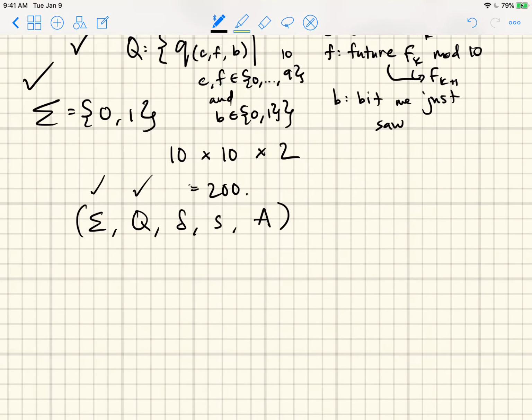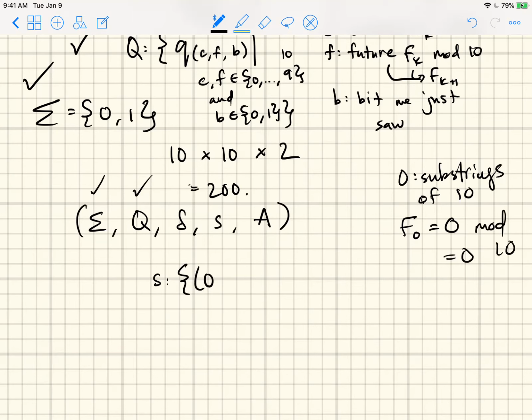Let's talk about S, the starting state. The starting state is where I go before I've read any characters, right? Which means the number of substrings of 1, 0 that I've seen. There are 0 substrings of 1, 0. Which means F0, that's 0, and then mod 10 is also 0.